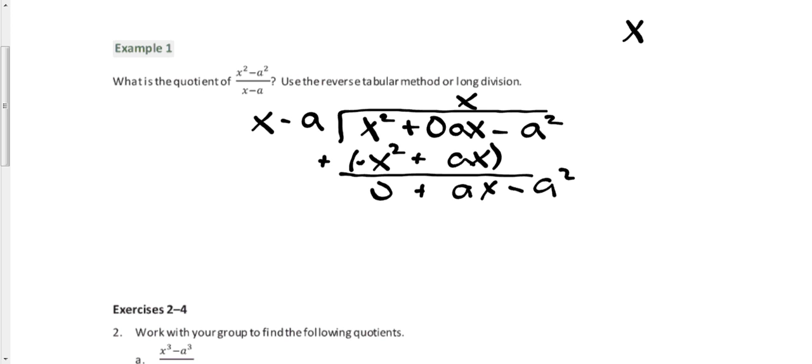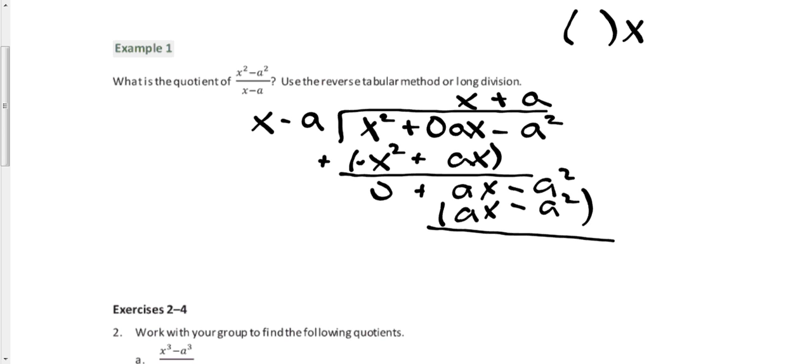X times something, right? Plus a, right? And then a times x is ax, and a times negative a is negative a squared.